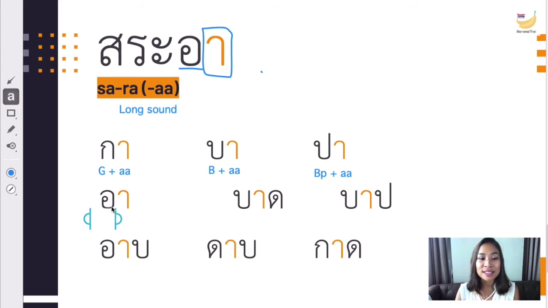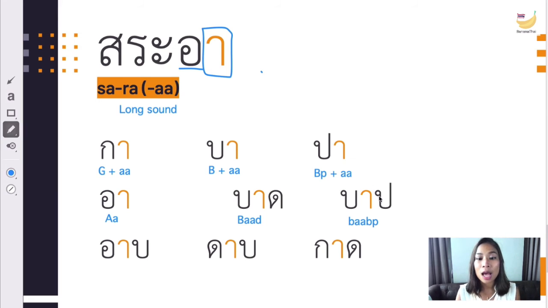No need to pronounce it, just pronounce the vowel. Next one, bad, see, long sound. Next one, bap. So you might also write it down like this because you think that ปอปลา is bp sound, right?